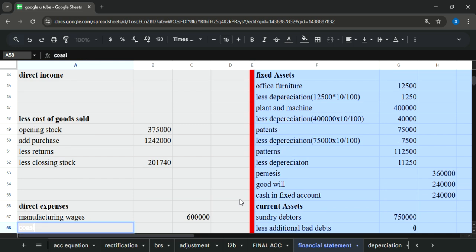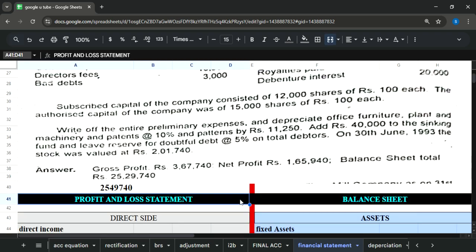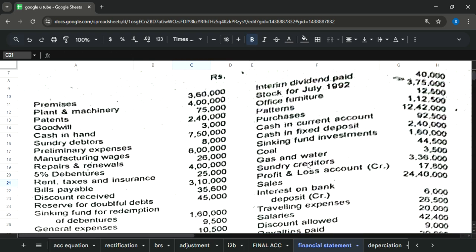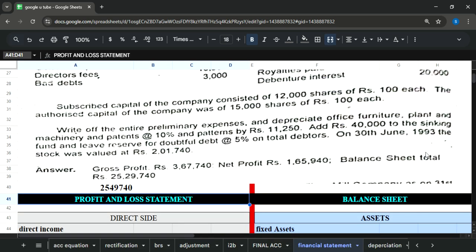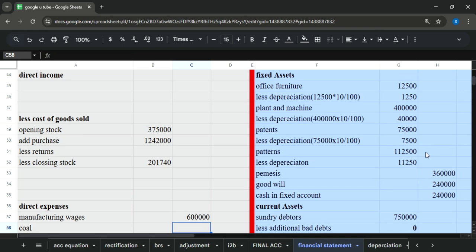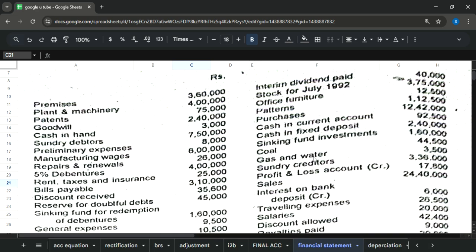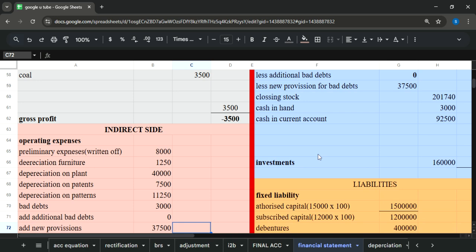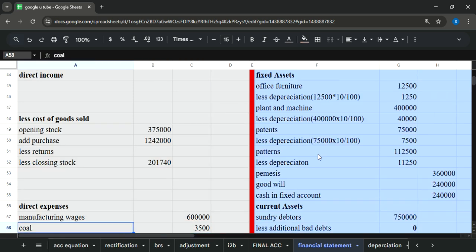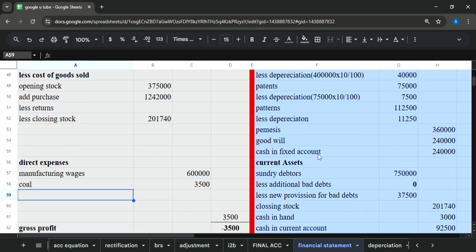We will go to direct side. Coal and water. Coal is 3,500. Just write down amount. After coal, we have gas and water. Again, direct expense, and here we will write gas and water.